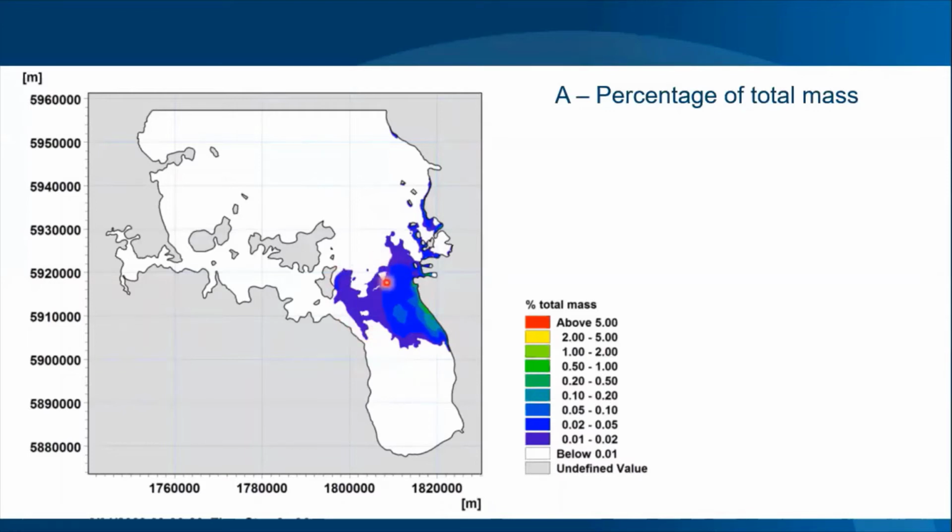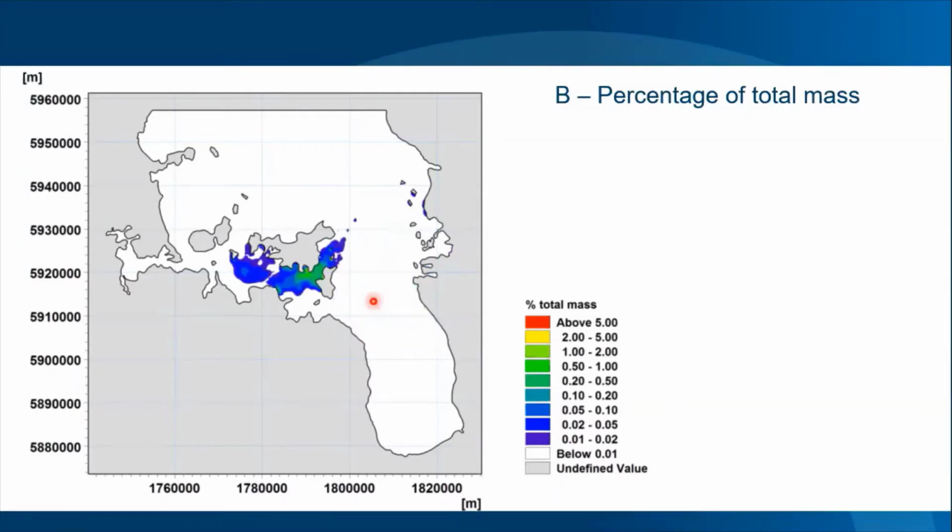And you can see relatively high mass within the deeper parts of the Firth of Thames. Area B, much more localised spread due to the currents through this particular channel.